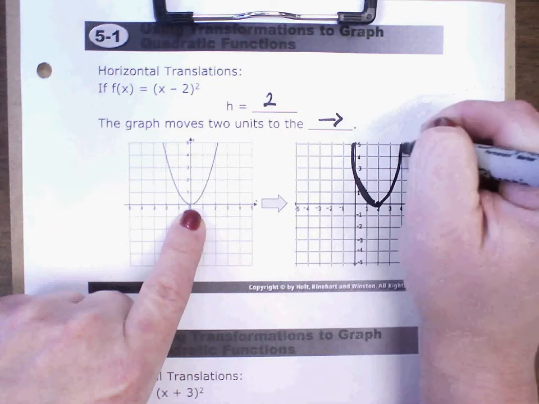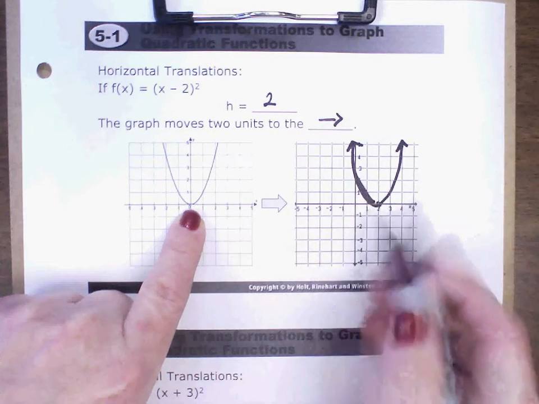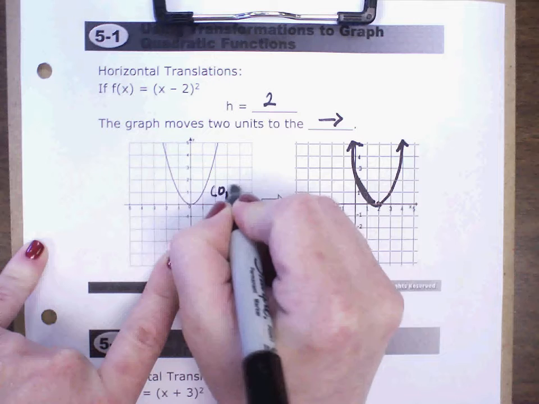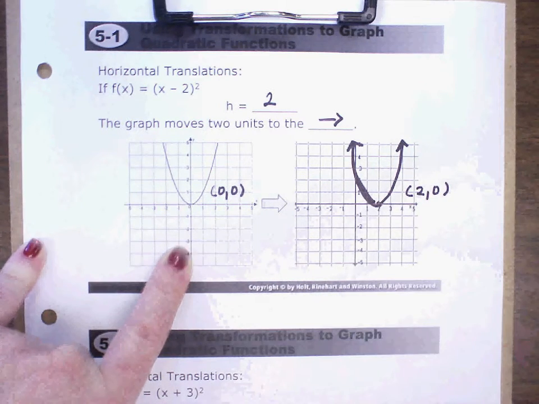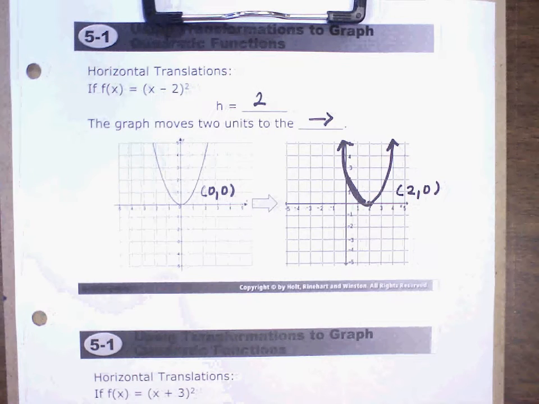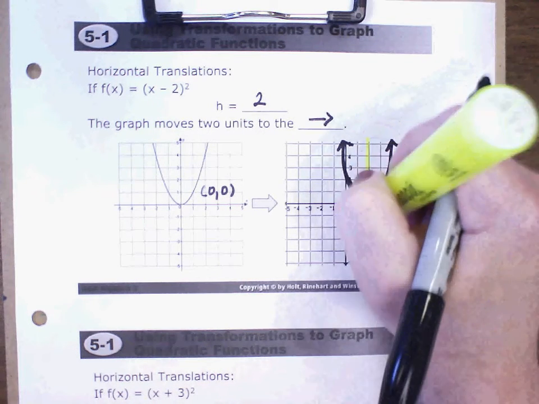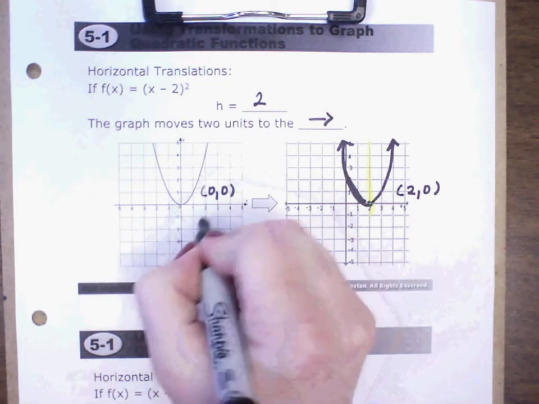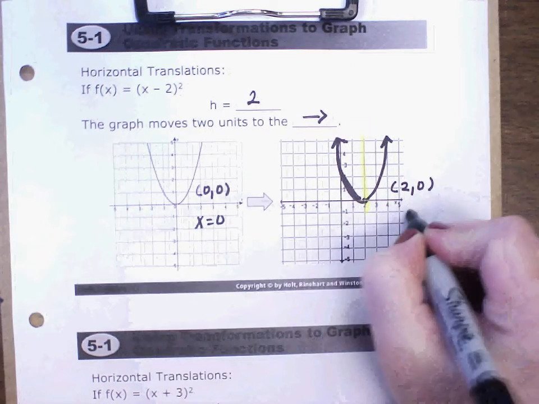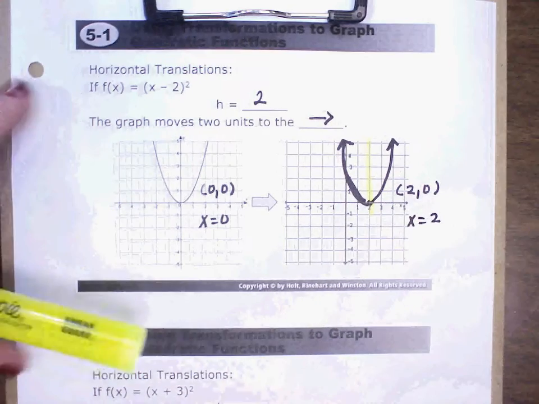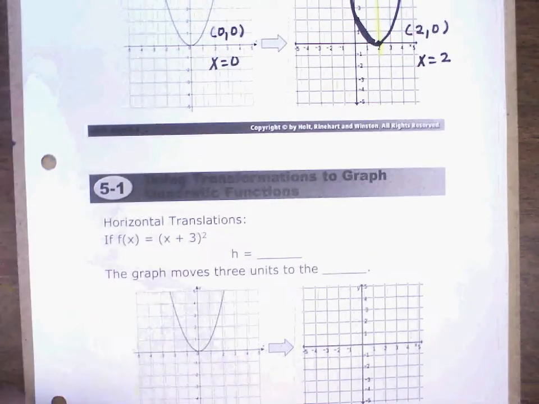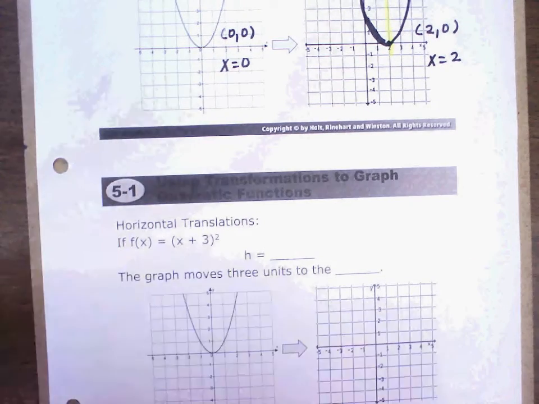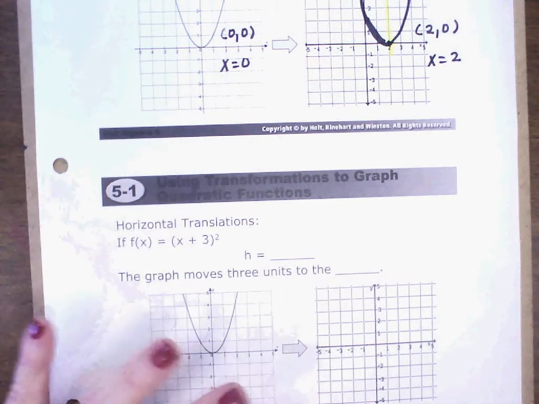So this would be my new vertex. So my new vertex, it went from 0, 0 to 2, 0. Now what's my axis of symmetry now? X equals 2. Thank you very much. In here, it was x equals 0. In here is going to be x equals 2. Okay? All right, let's go to the next one.